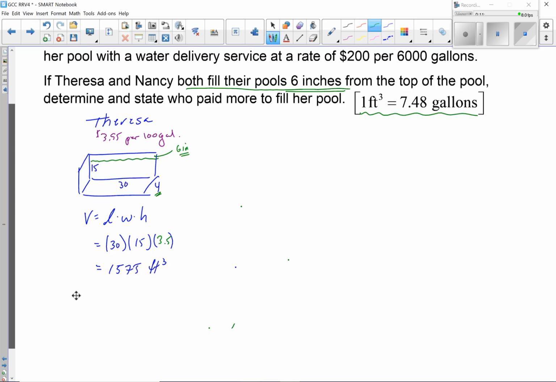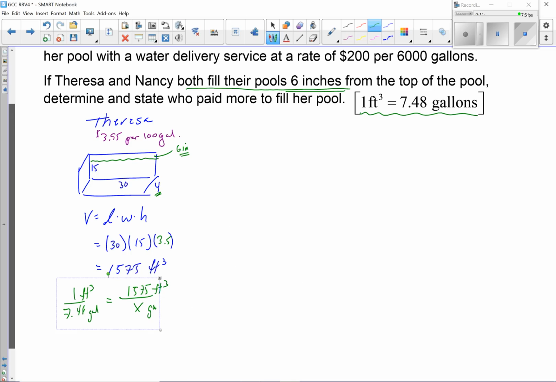I'm going to make it a fraction here: 1 cubic foot is 7.48 gallons. So I make a proportion: the 1575 cubic feet that we just calculated would be how many gallons?